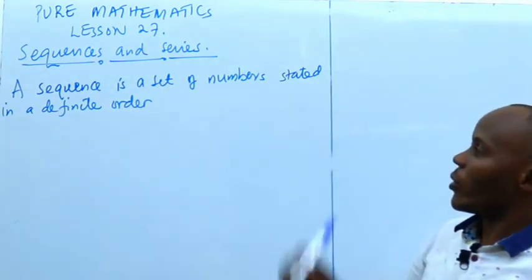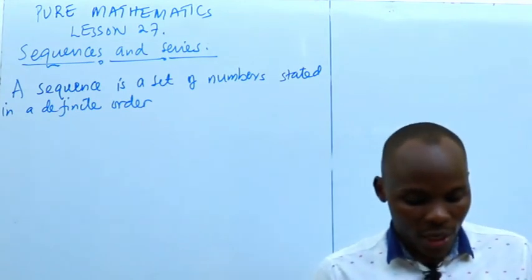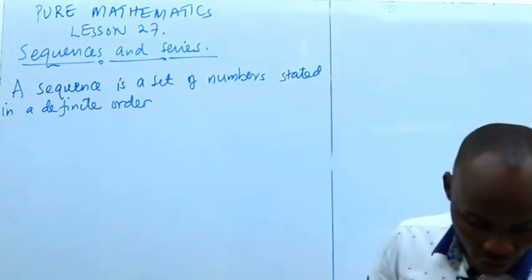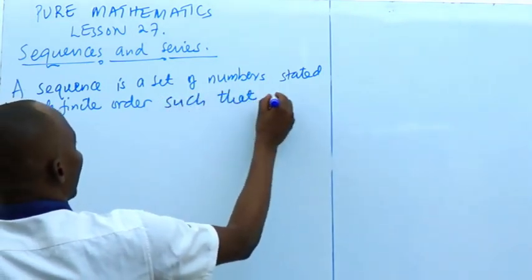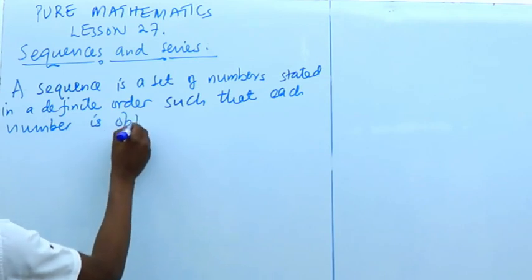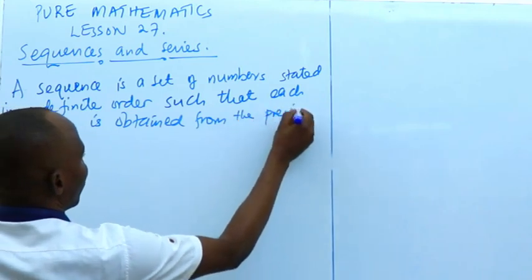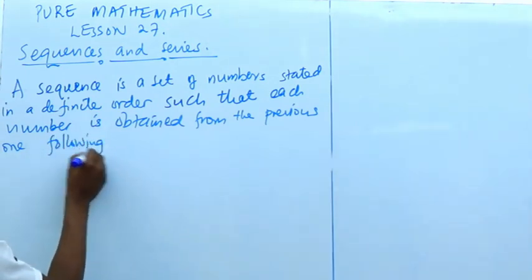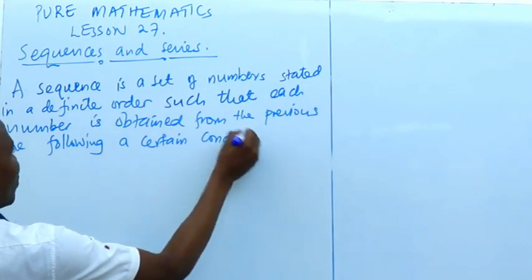I've said a sequence is a set of numbers stated in a definite order, such that each number is obtained from the previous one following a certain condition, or rule.